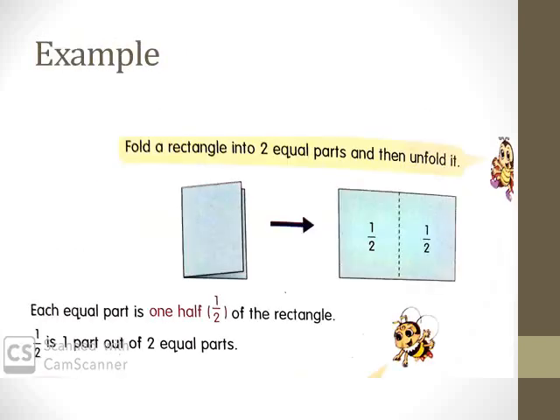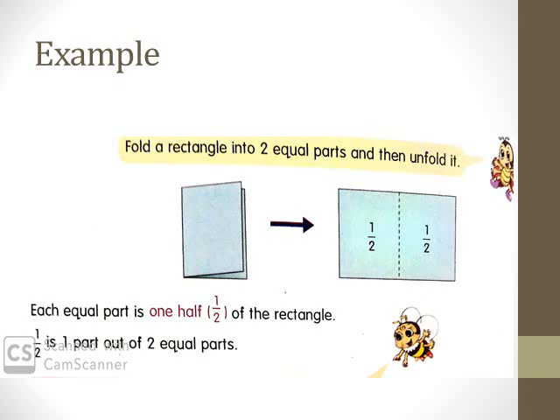In example, if you have one rectangle, you will fold it into two equal parts and then unfold it. So you will find one line like this, or you can also say a symmetric line, and you can see that one rectangle is now divided into two equal parts, and each equal part is one half of the rectangle.